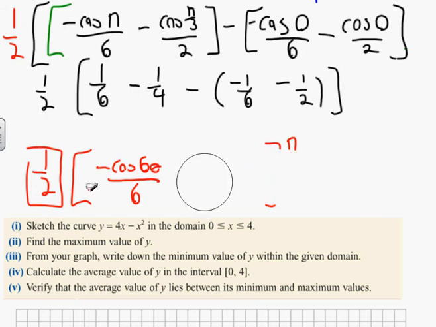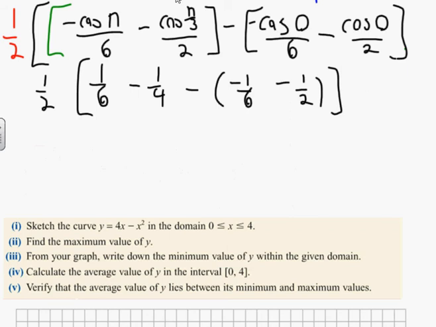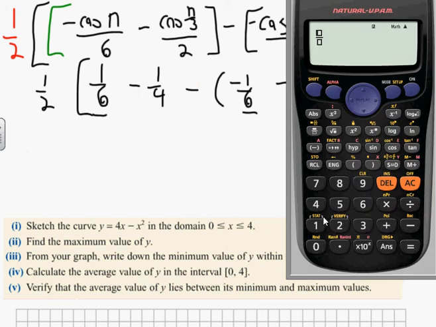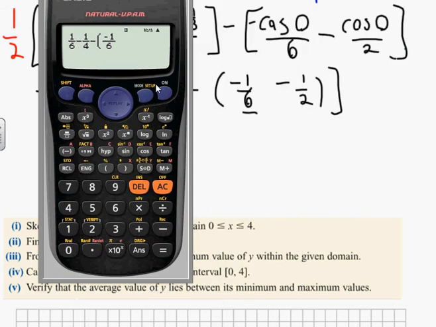Now what you're going to do after that is add the fractions up. So it's going to be a sixth plus another sixth. Or you can just do it all in one go in the calculator, I suppose. 1 over 6 minus 1 over 4 minus bracket 1 over 6 minus a half, 1 over 2, close bracket.